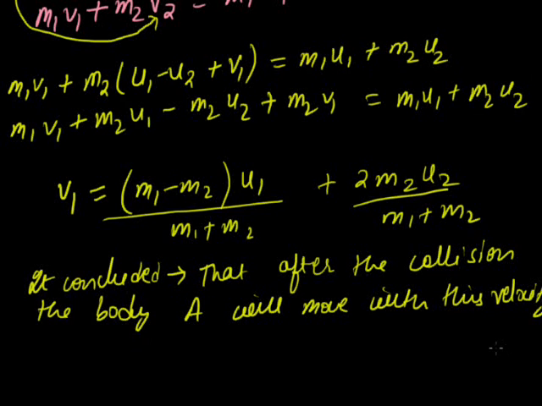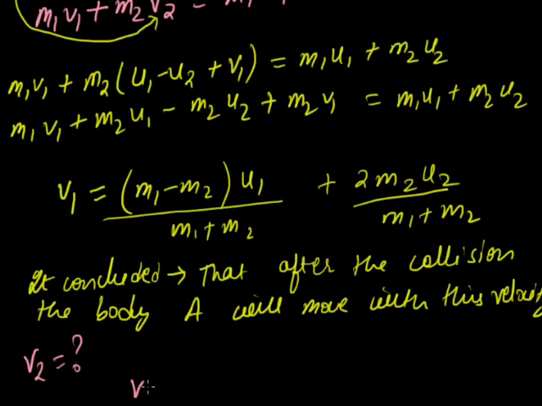So this is the velocity of the first body. Now we have to find the velocity of the second body also. The velocity v2 we don't know right now, so we have to find the value of v2 also.